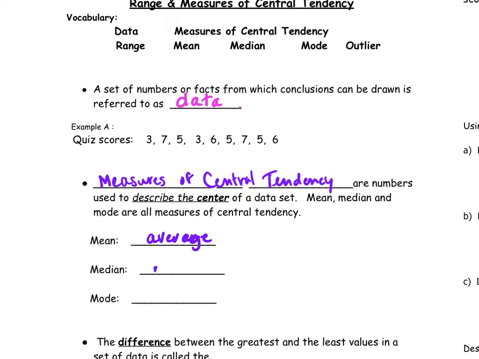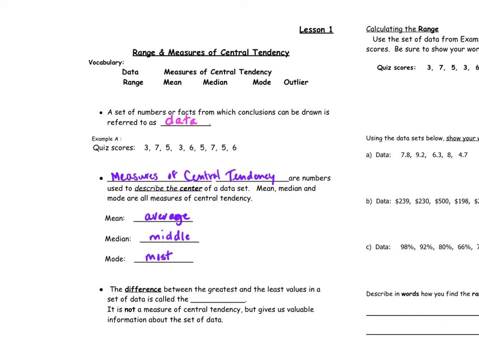Median is kind of the middle of the data. Think about the median in the road, that's the middle, the stripes in the road. And finally, the mode is the number or numbers we see the most. Those are some keywords that are going to help us as we go through this.